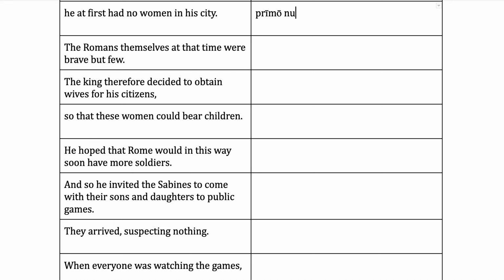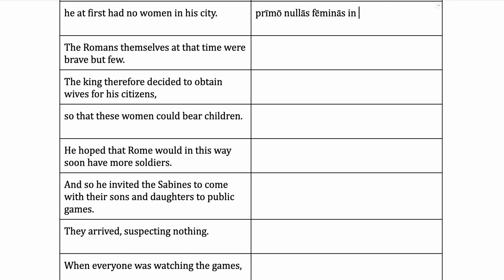So no is nullus. And then woman is femina. But then we need to make sure that we get the endings right. So here, because it's the object and it's plural, we need accusative plural feminas, and then we have to make nullus agree with that. So nullas feminas.